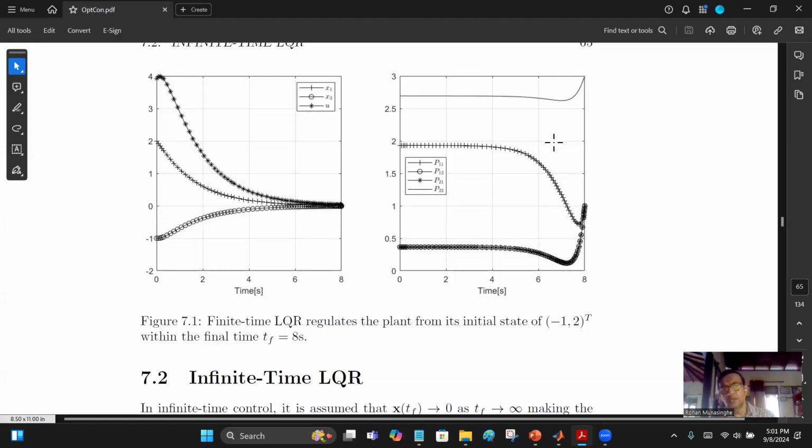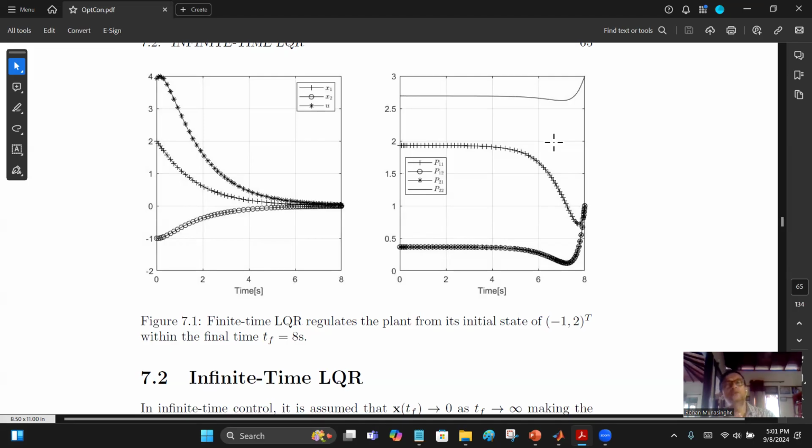And all of a sudden, the differential matrix equation becomes an algebraic matrix equation. There's no derivative, there's no dot. So we call it the continuous algebraic Riccati equation. Which is very easy to deal with. You don't need MATLAB or anything to solve that Riccati equation. You can manually solve it.